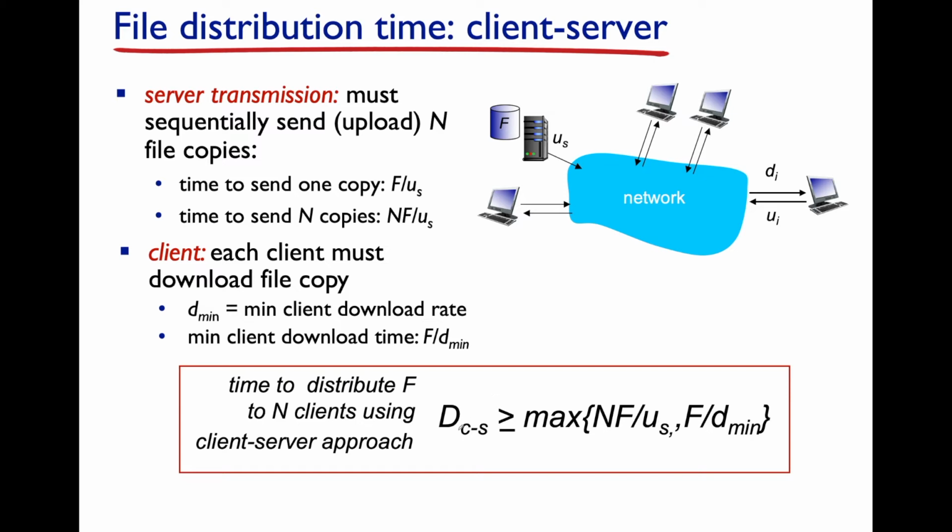And so the delay, or the time for distributing that file using client-server, D_cs, is going to be at least the greater between these two: the server upload or the slowest client download. Okay. And so that's for the client-server case. It increases, we'll notice, linearly in n. As you add more and more client instances, the server's upload time is going to increase.